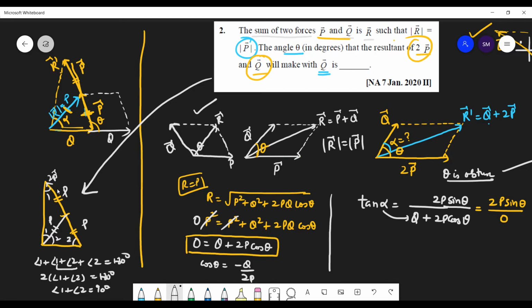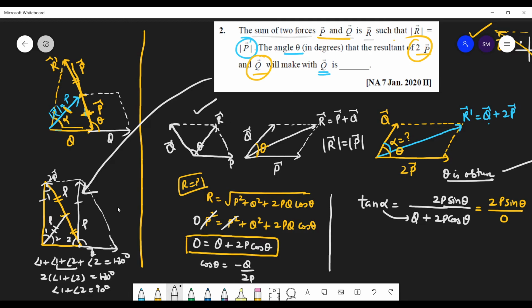Suppose this is Q, so bring Q here. This is your parallelogram. So by the parallelogram law also you will get the same answer. I used the triangular law here, but even if you use the parallelogram law, writing Q here, because this angle is obtuse, you will still get the same answer.